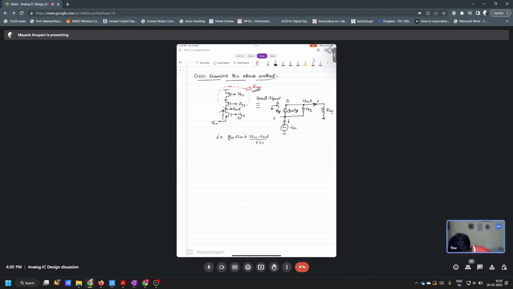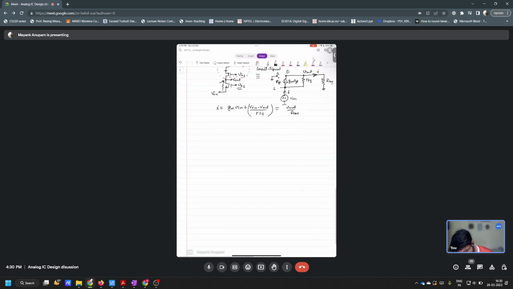Correct, isn't it? Right? And this same current should be equal to what? V out by R cascode. Correct, right?